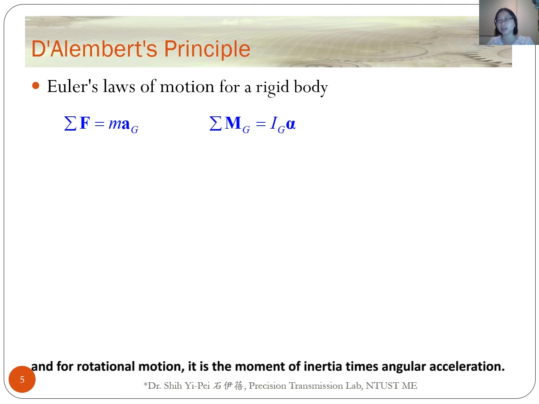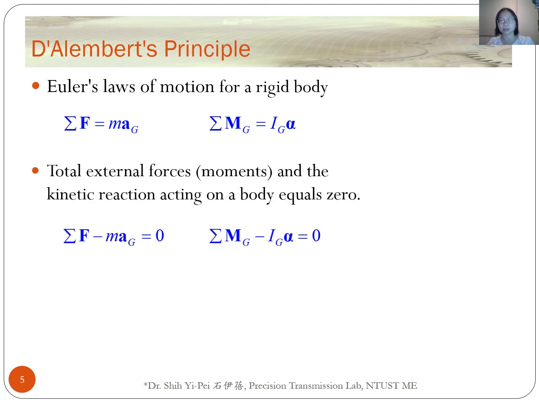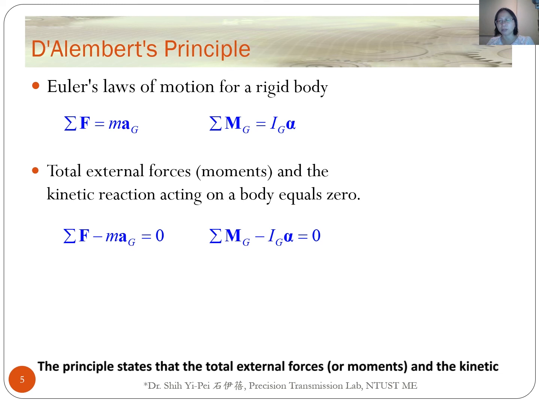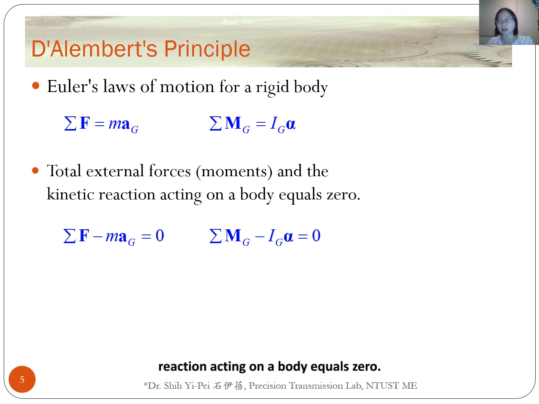And for rotational motion, it is the moment of inertia times angular acceleration. Moving the kinetic reaction to the left of the equation, the principle states that the total external forces or moments and the kinetic reaction acting on a body equal 0.